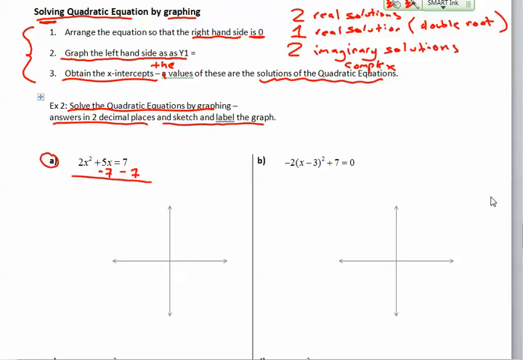I need to do it to both sides. I end up with 2x squared plus 5x minus 7 equals 0. And that's my key. I have 0 on one side of my equation, right? So now what I can do is I can go to my calculator. I'm going to enter this in under y equals. I'm going to graph it, and I'm going to find my x-intercepts. And those are going to be my solutions. So let's do that real quick.